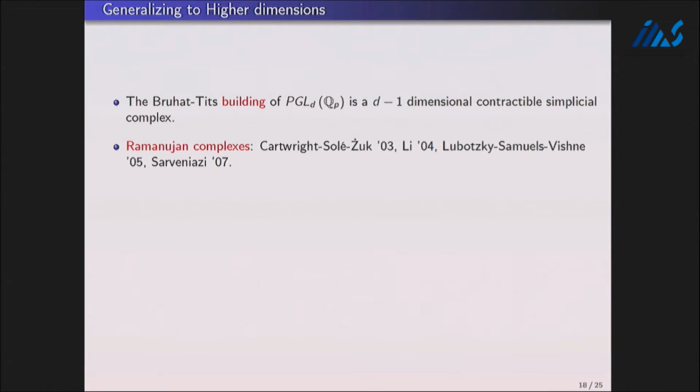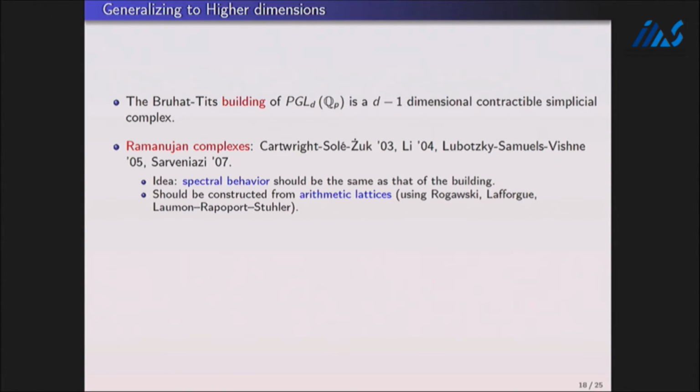So we have Cartwright, Solevej, Winnie Li, Lubotzky, Samuels, Vishne, Ballantine, Ciubotaru. And all of them had the same idea that these should be complexes which spectrally behave like the building, and we should be able to construct them from arithmetic. So this uses very deep results from automorphic representation theory. And I write a caveat because things are not as simple.